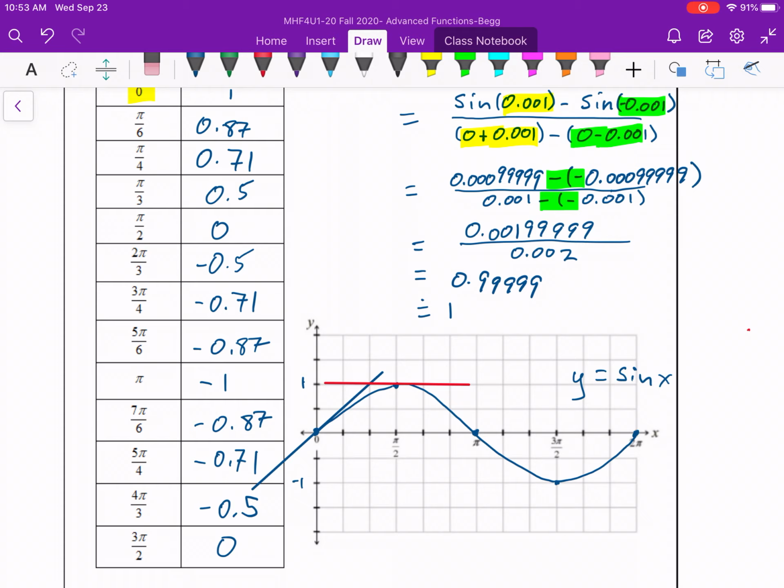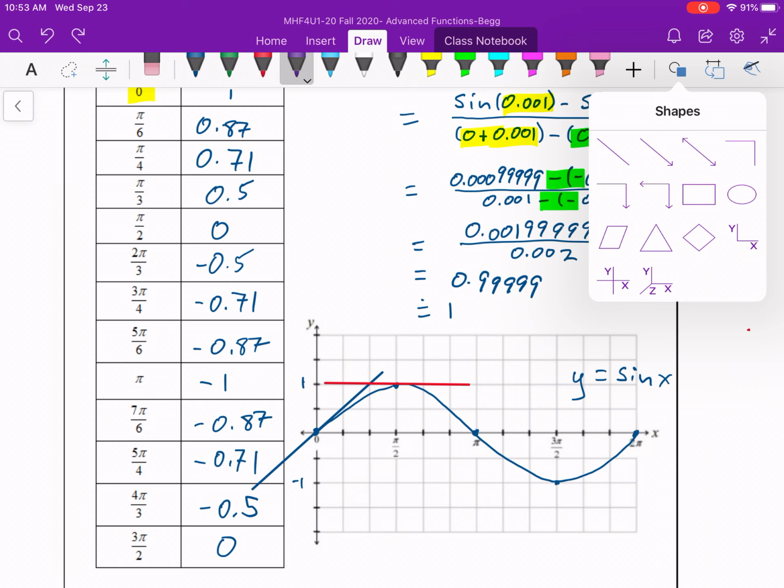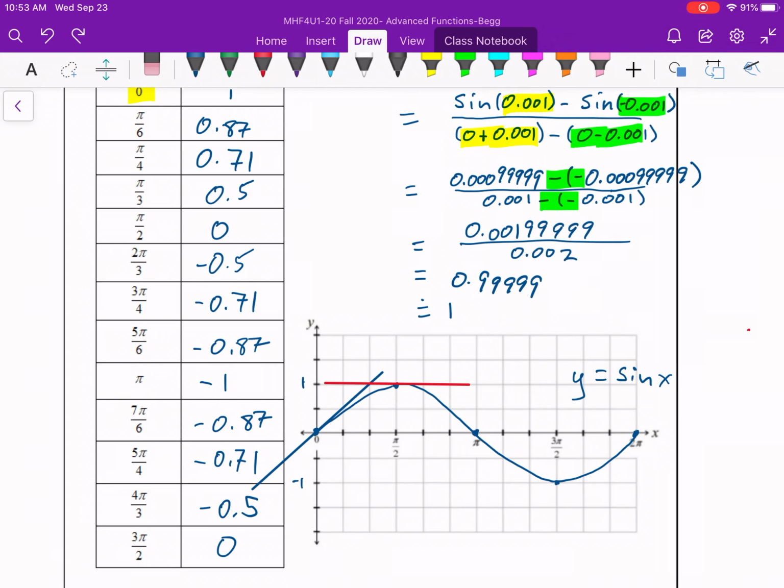So 2 pi over 3 is the same as 4 pi over 6. That one should be about here. And I'm making that too steep. Let's try again. It should be less steep, so it'd be more like this. So about 0.5. And so on as we go around the curve.